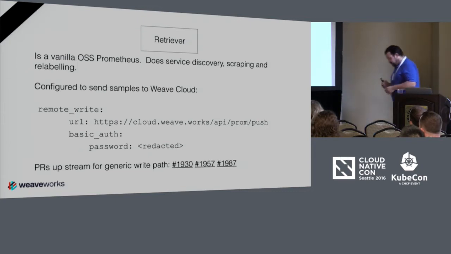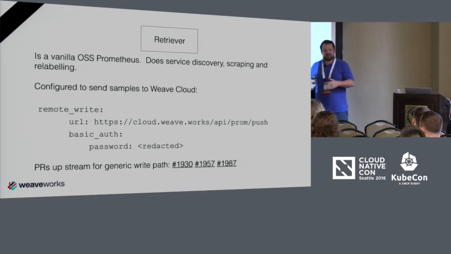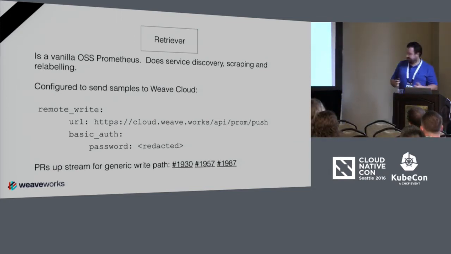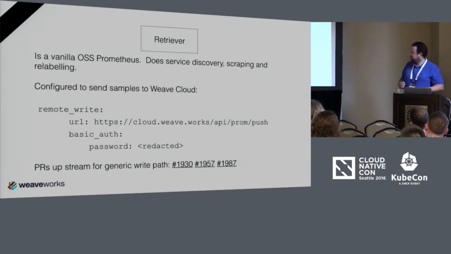There was another project announced at PromCon a few months ago, basically doing a very similar thing by DigitalOcean, called Vulkan. People ask me what is the difference between Cortex and Vulkan. One of the big differences is they've considered the scalability of the retrievers. So they have a method for sharding their retrievers out, so they can run tens of retrievers, hitting millions of targets.